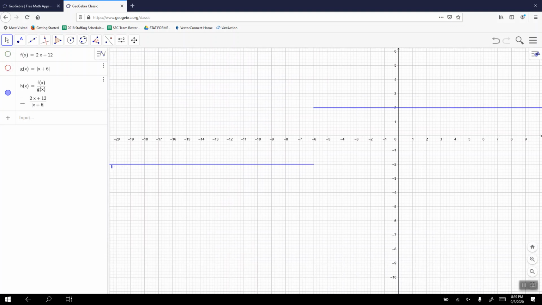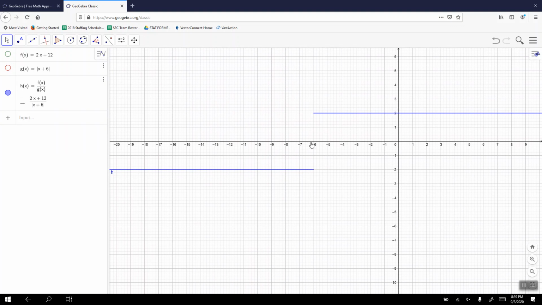Now you can see these are just constant functions. So as we're approaching negative 6 from the left-hand side, we're at negative 2. As we're approaching negative 6 from the right-hand side, we're at positive 2. And that's exactly the conclusion that we arrived at using the algebraic manipulation.